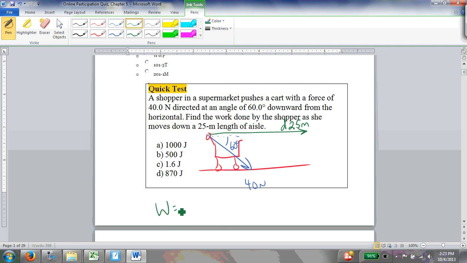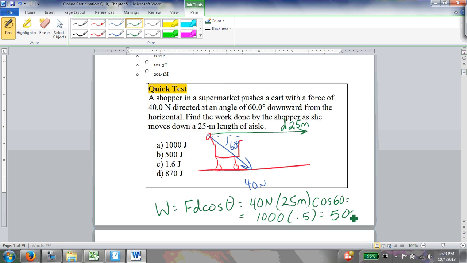All right, so my work is just F d cosine theta. That's going to be 40 newtons times 25 meters times the cosine of 60. That's 40 times 25 is 1,000. Cosine of 60 is 0.5, so it's 500 joules. So the answer is B.